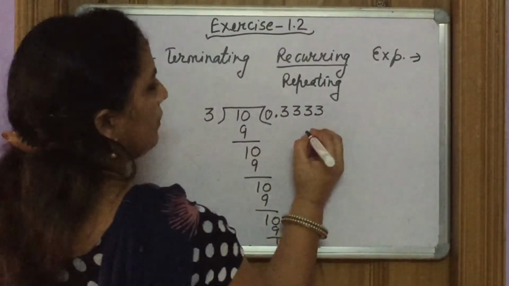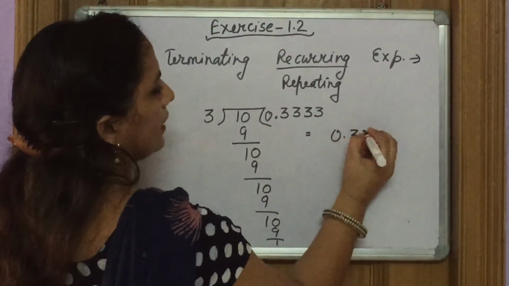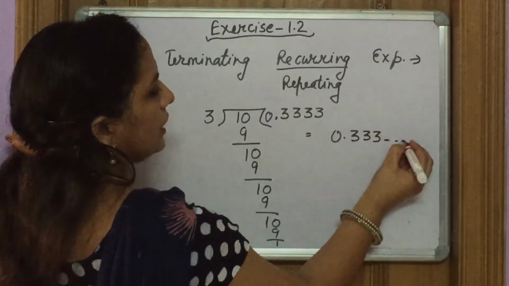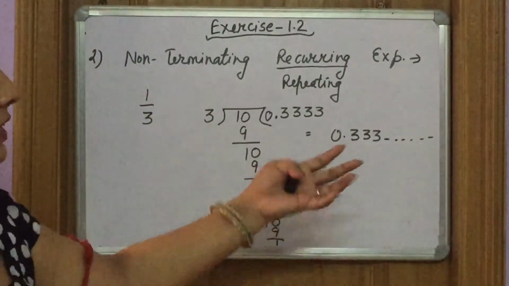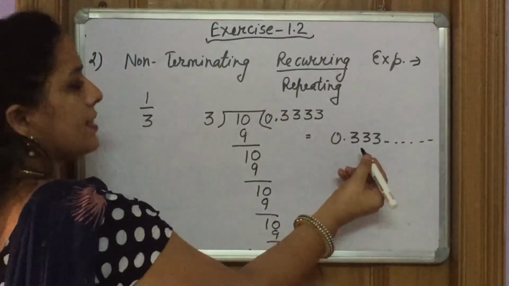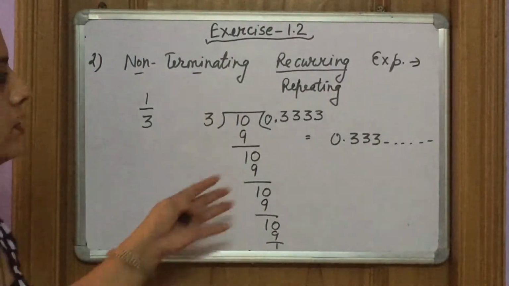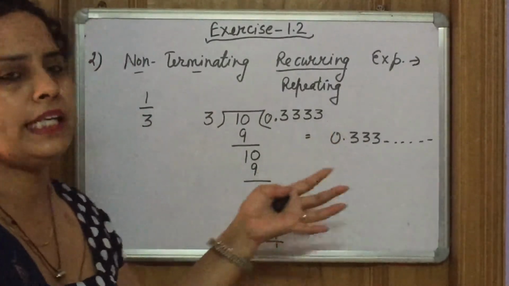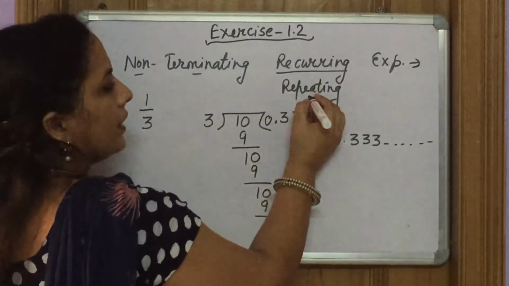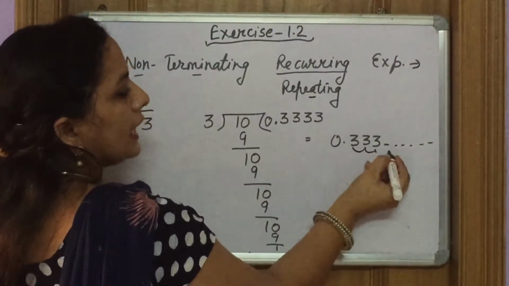So in that case we say that our answer is 0.333 dash dash dash. Then we can say that this number is not terminating, it is non-terminating but repeating. The digit is repeating again and again.